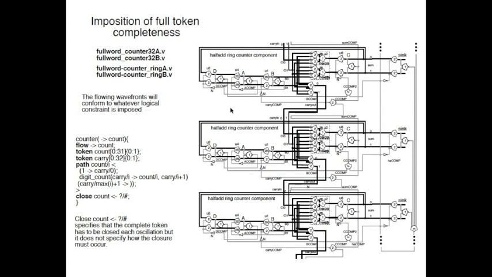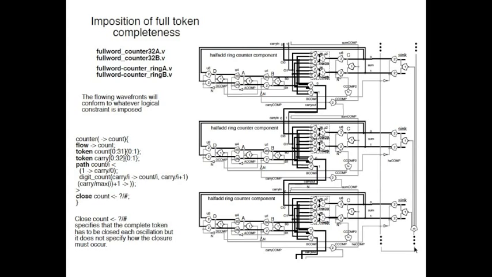What we're going to do is go to the imposition of full token completeness. So down here where we specified the close the count, we didn't specify exactly how to do it. In the previous one we closed each digit individually. Now what we're going to do is take the completeness of all the digits. So we're going to take the AND of all the ORs of each digit.